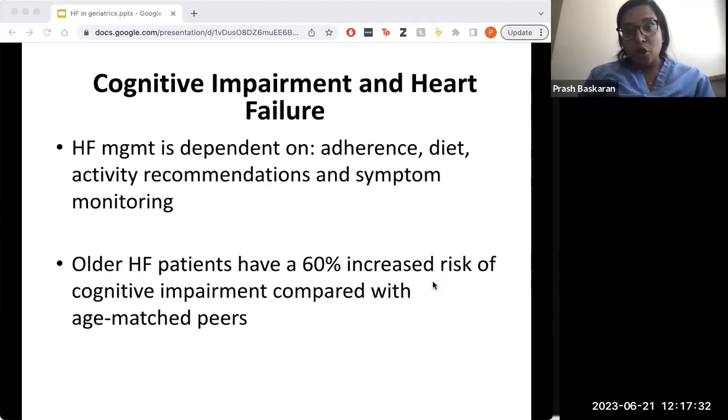Cognitive impairment, as you know, is also commonly cited on many frailty assessment scales and is more prevalent in the heart failure population and has been associated with increased risks for hospitalization in those patients compared to heart failure patients who don't have a history of cognitive impairment.